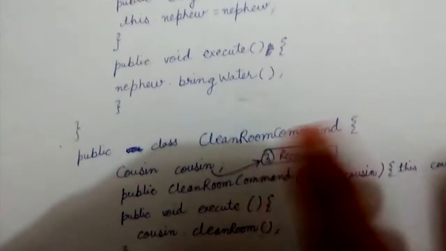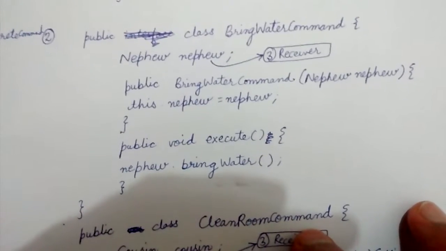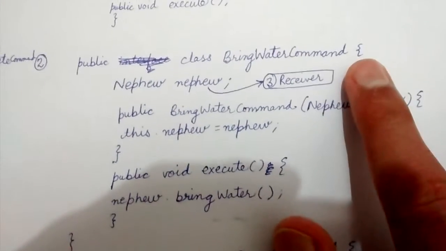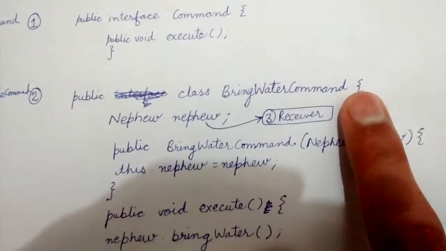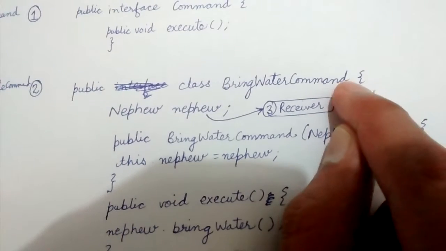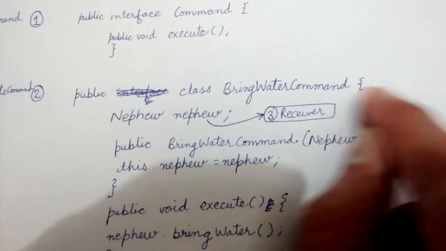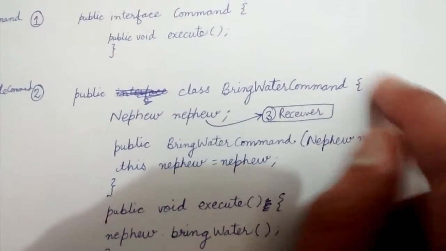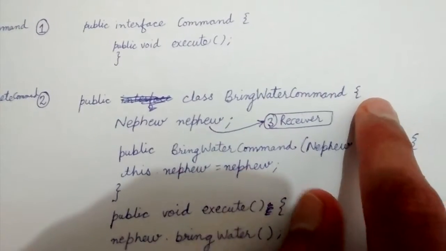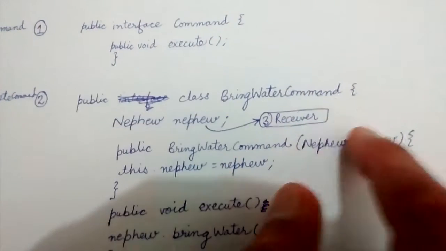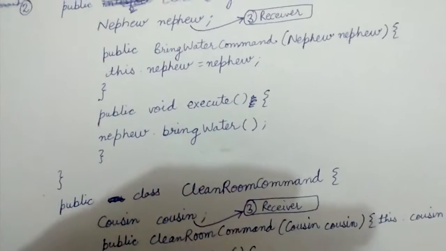Now let's look at the other command. This is a clean room command. Sorry, here I forgot to write implements command. After this, implements command will be there, because this is the Java lingo for a class which implements an interface. So here implements command will be there, and here also.